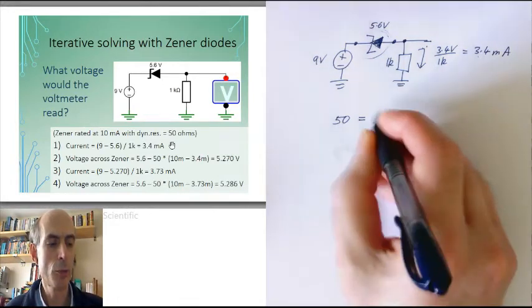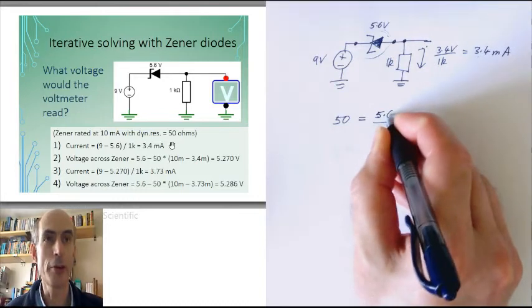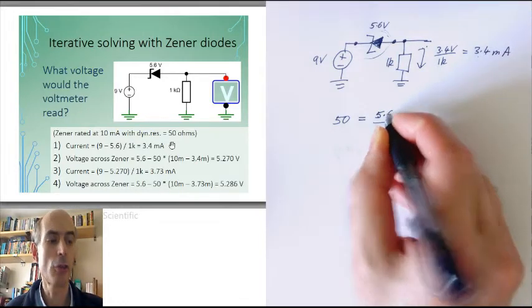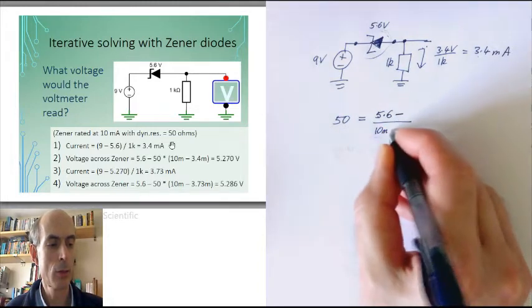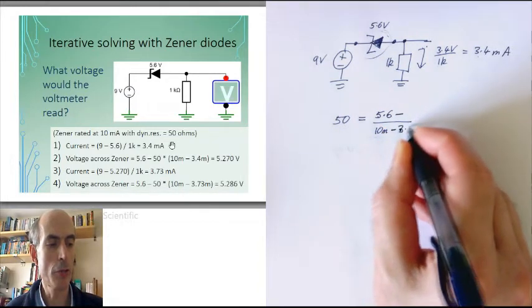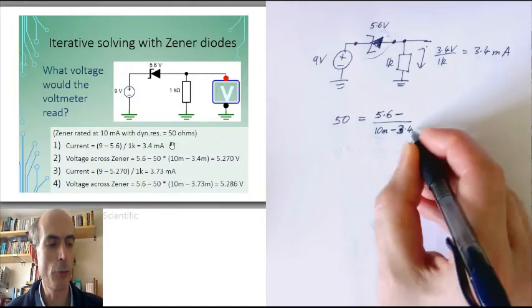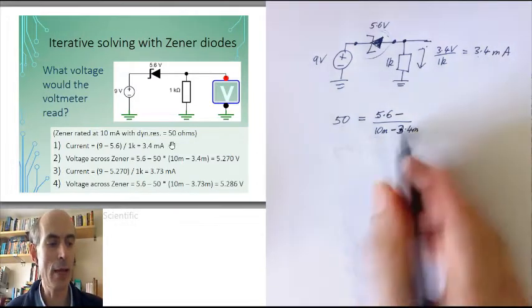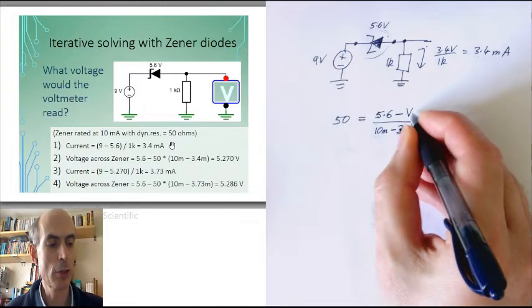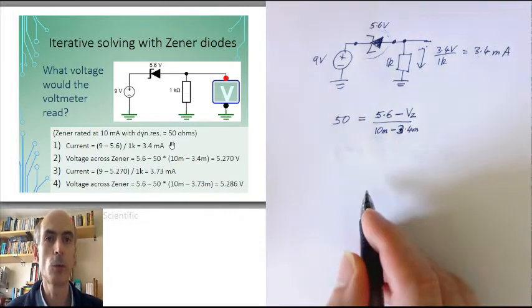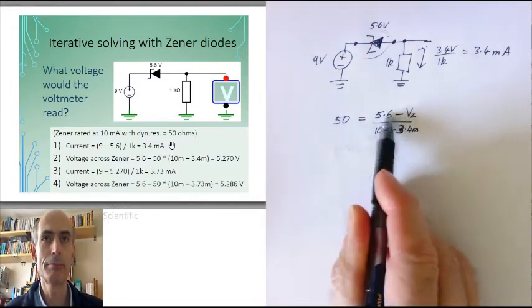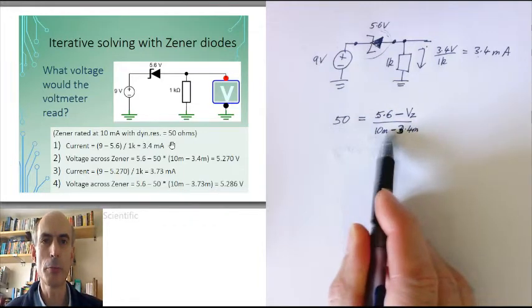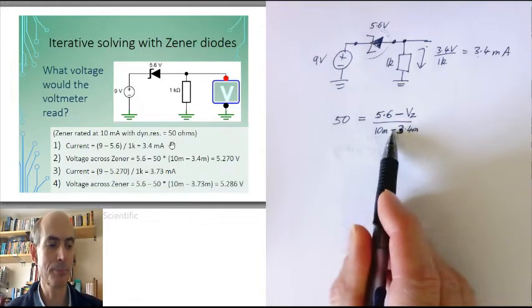We know that with 5.6 volts across the Zener diode, there is 10 milliamps flowing through it. We know we've only got 3.4 milliamps flowing through this Zener diode, or at least that's our guess. So what does that predict the voltage across the Zener diode would be? This is the change in voltage from our known operating point of the Zener. This is the change in current from our known operating point of the Zener.